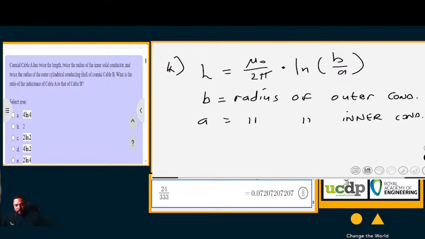Okay. Now let's say the length of cable B is LB, and the inner radius of cable B is AB, and the outer radius of cable B is BB.